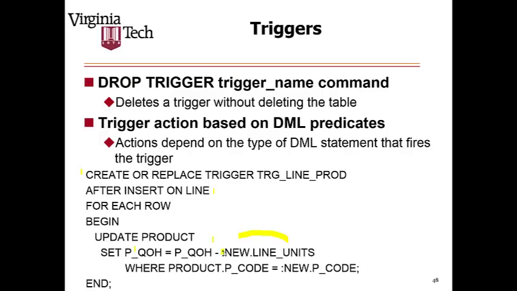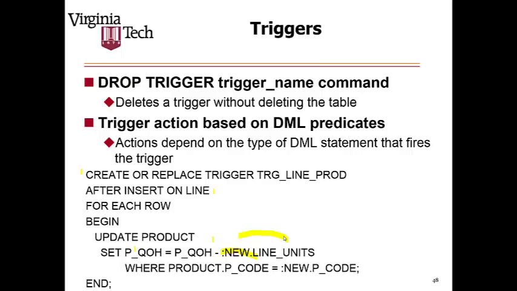And new is a special attribute that refers to the line units of the row about to be inserted. So we have the insert row, and this is how we reference attributes that are in the row that we are about to insert.